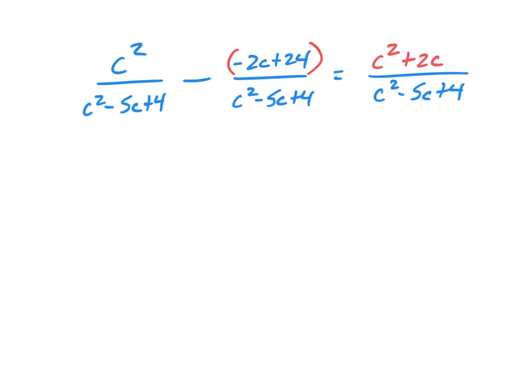And then minus a positive 24 would become negative 24. So when we get to this point, here's the question you're going to ask yourself over and over again, and that's why I keep saying it the same way: is there anything else that we can do, or are we done?